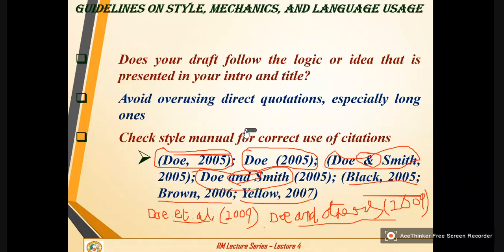In your report, if at some places you write et al. and at other places you write 'and others', it is not acceptable.